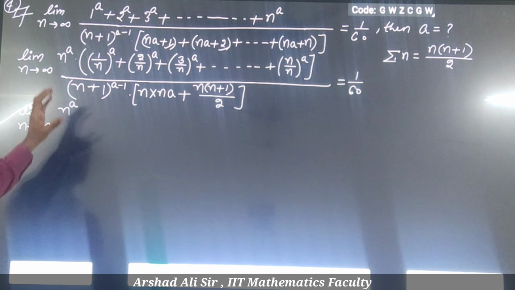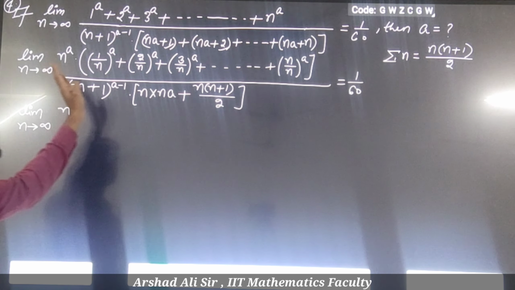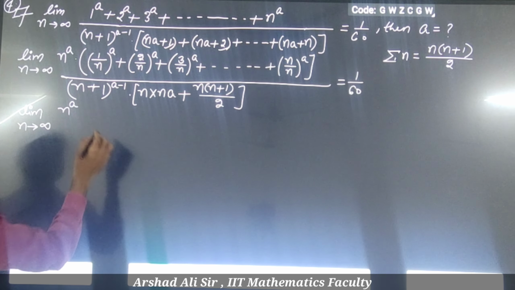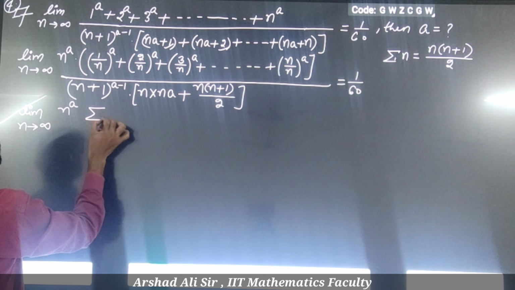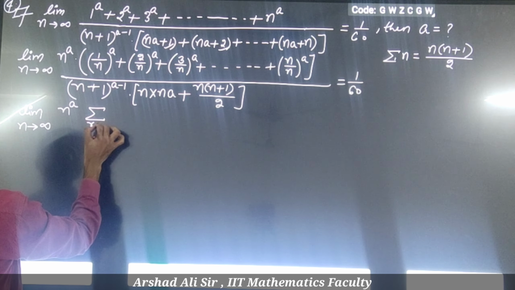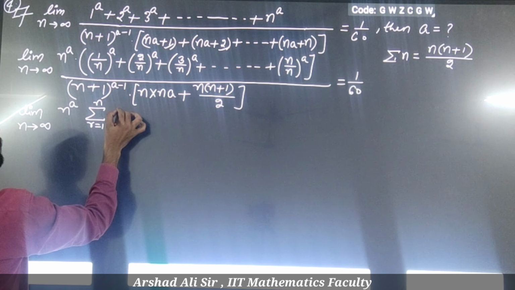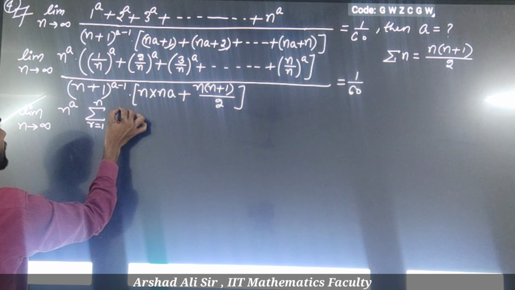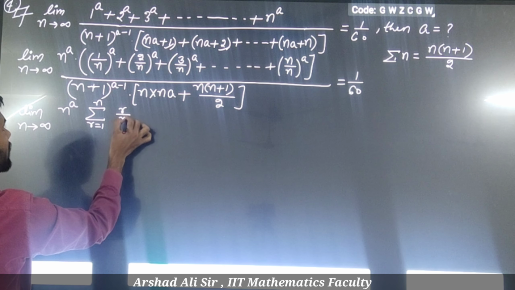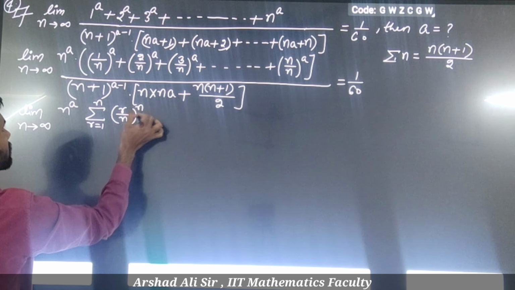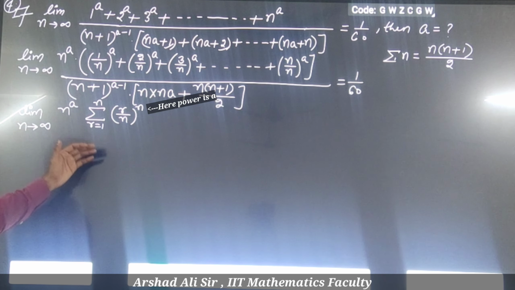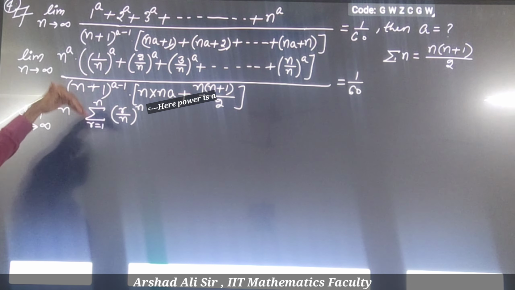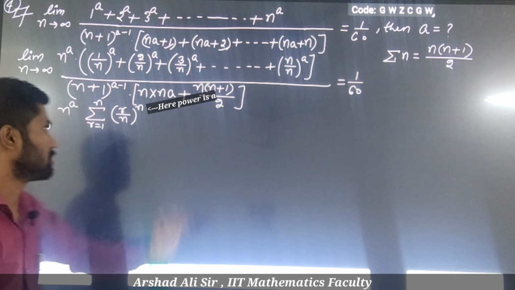Now think about summation. We have given this one series, so we can write this in the form of series. Summation r is equal to 1 to n, and here we can write 1 2 3 4 5 up to n, so it means it is (r by n) whole power a. Okay, if we are putting r equal to 1, so we are getting first term. If we are putting r equal to 2, it means we are getting second term.